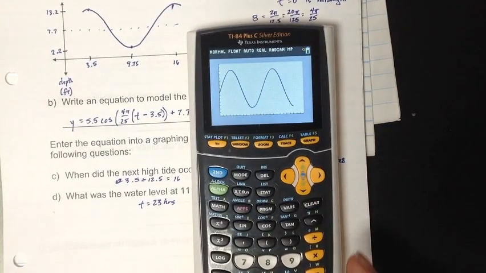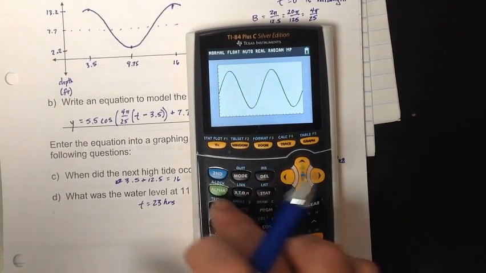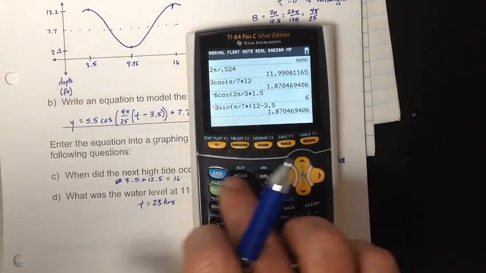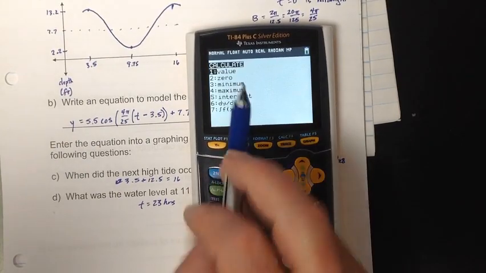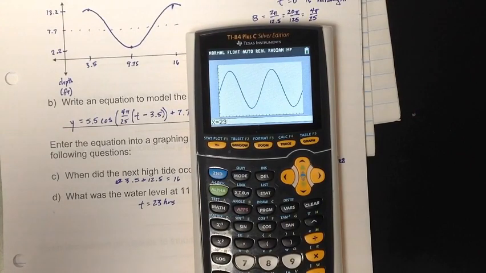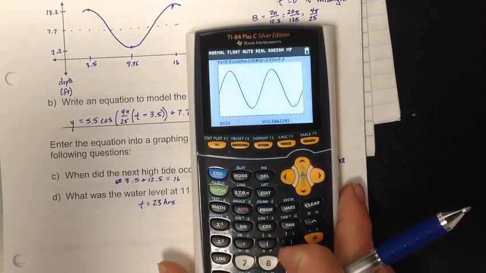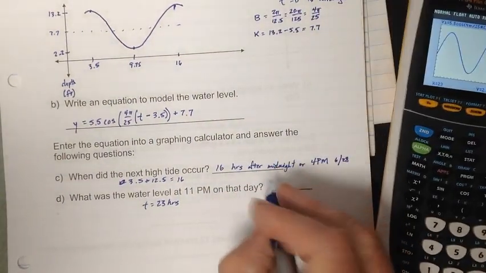It's finishing graphing. One way to do this, you can go into the regular calculator and plug it into my equation. But pretty easy on the calculator, I can do second trace number 1, ask for the value, and put in an x value like 23, and it'll give me the y value I want, which in this case is 2.586.